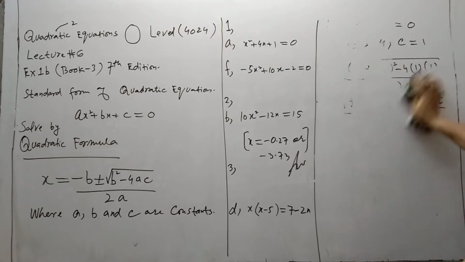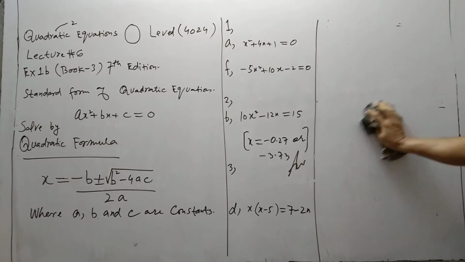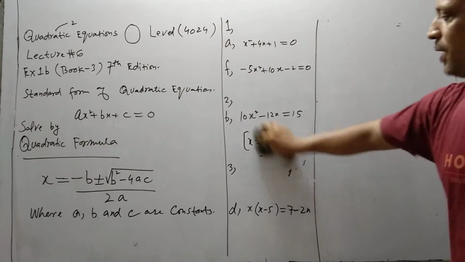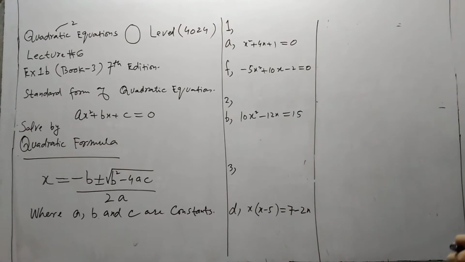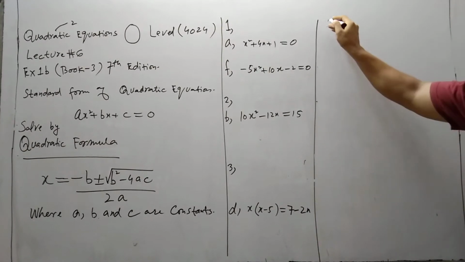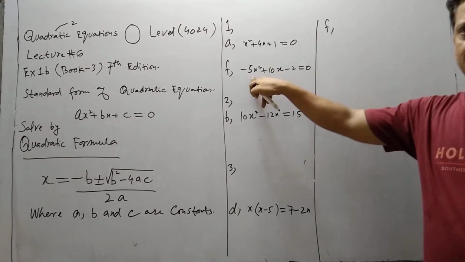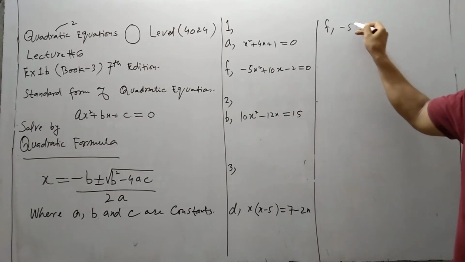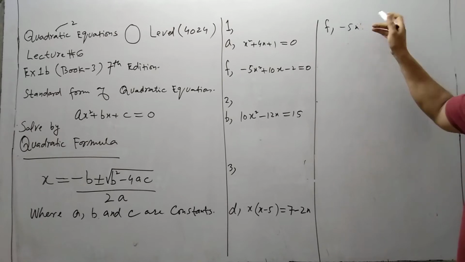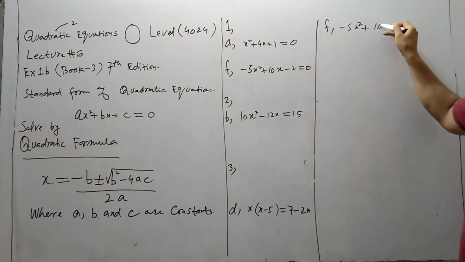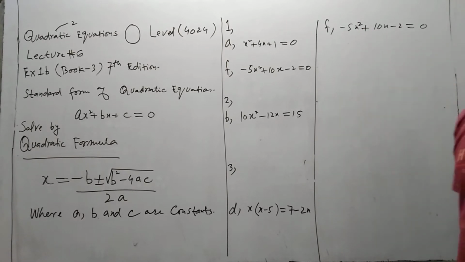The next part is part F. What is part F? See this, minus 5x square plus 10x minus 2 is equals to 0.